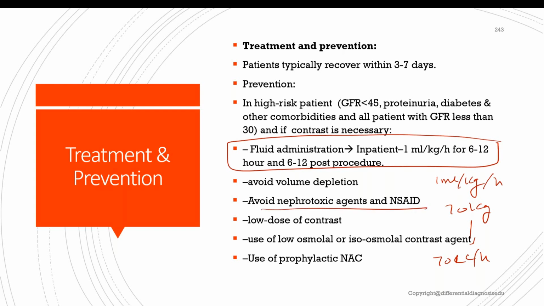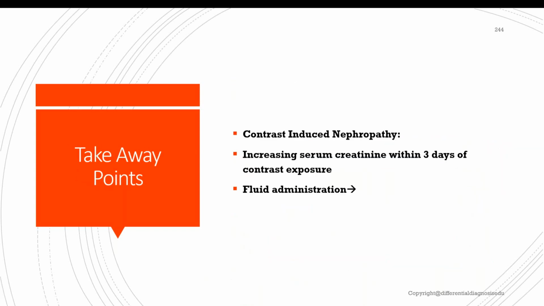Stop all nephrotoxic agents. You can use low dose contrast. Prophylactic N-acetylcysteine: the mechanism is unknown and it is controversial. So takeaway points: increasing serum creatinine within 3 days of contrast exposure. Fluid administration 1 ml per kg per hour, 6 to 12 hours before and after the contrast exposure.